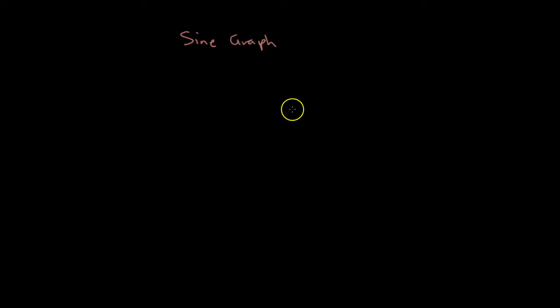But before I do the sine graph, I'm going to do a unit circle. And we have to remember the unit circle. Okay, so in the unit circle, we have this.